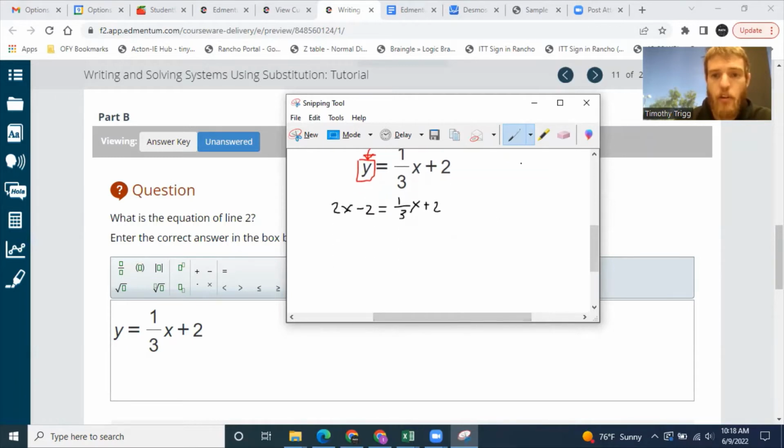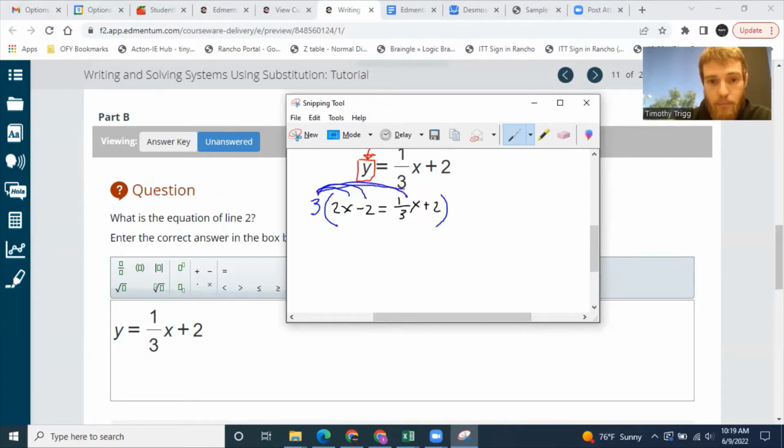Now, if you're like me, you're not a fan of fractions, so we can get rid of this fraction by multiplying by the denominator. I'm going to multiply every term in this equation by 3, because that's the denominator in this fraction. The 3 gets distributed to everything on both sides.